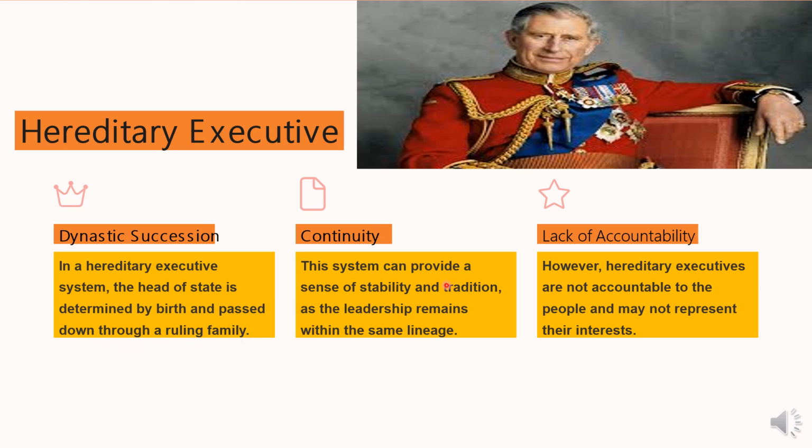This system can provide a sense of stability and tradition as the leadership remains within the same lineage. Lack of accountability: however, hereditary executives are not accountable to the people and may not represent their interests.